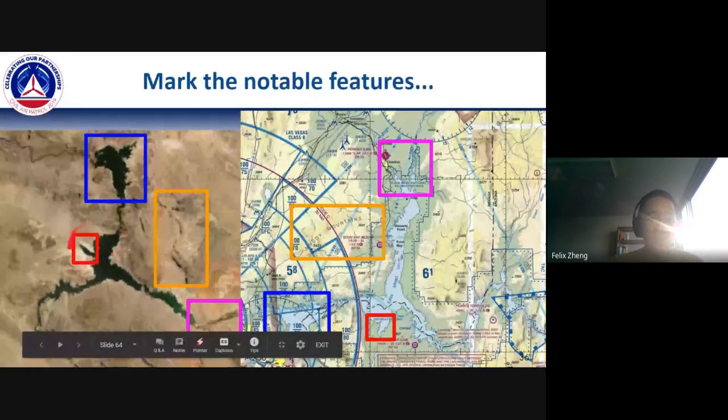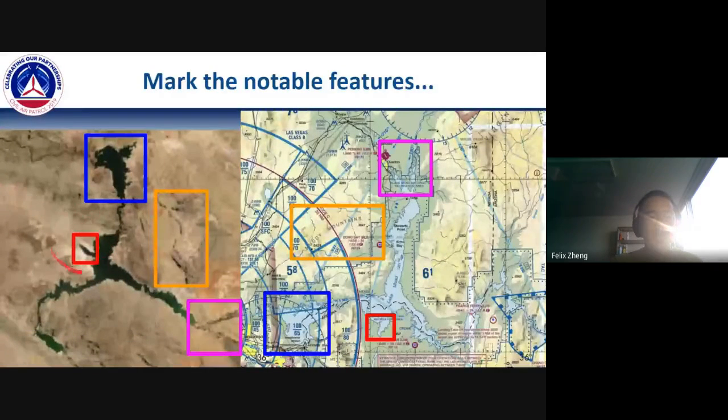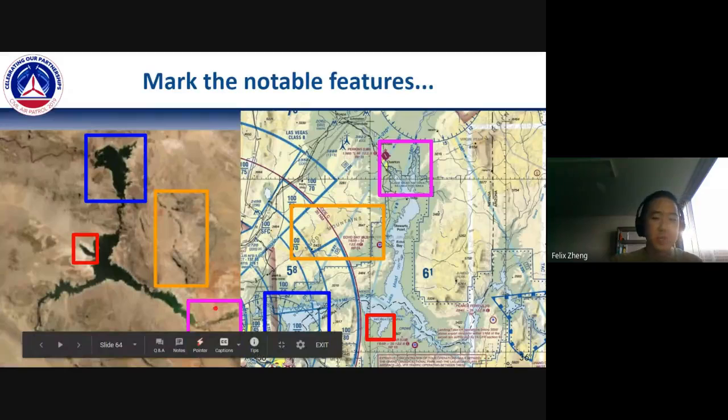You also notice that near the center of the lake, there's a little offshoot, and that only happens on one side, and that's the box in red. And then you notice that one of the, I guess, 3 legs of the lake has things feeding into it, and that's marked in magenta.